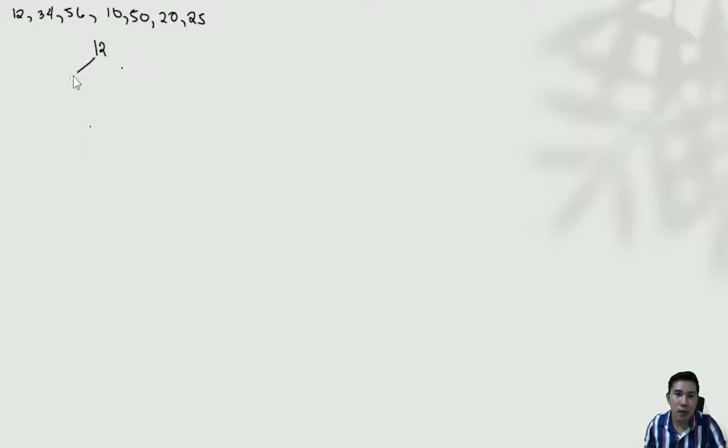So we have 12, following the level order again: 12, 34, 56, 10, 50, 20, and then 25. Let's add more: say we have 35 as the left child of 10. So let's say this is our binary tree.